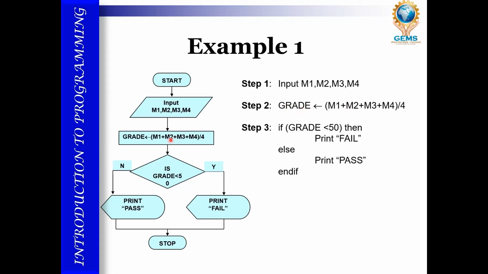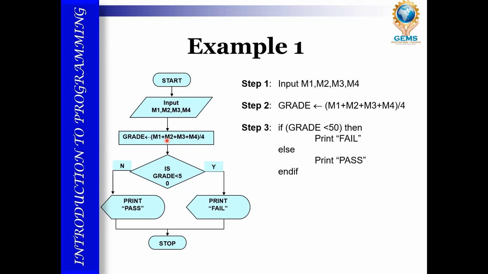So this operation is performed here. The operation symbol is a rectangle; as I already explained in the previous slide, the rectangle symbol is used for operations. Now the grade value is calculated in the operation.